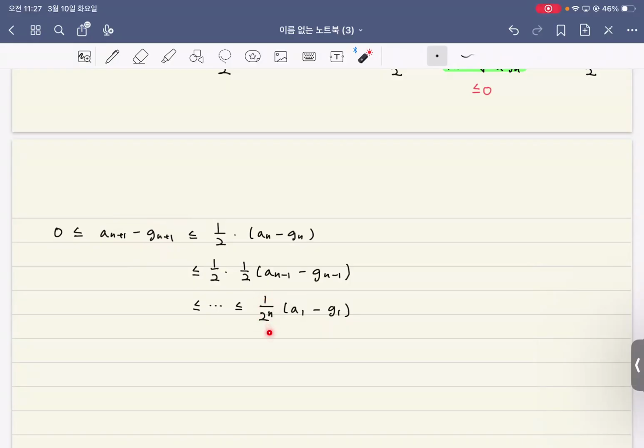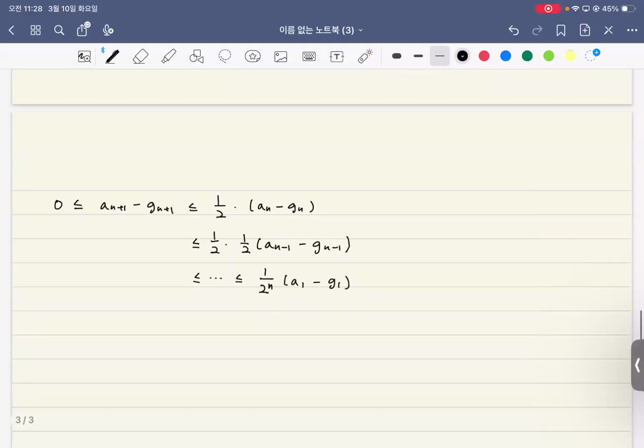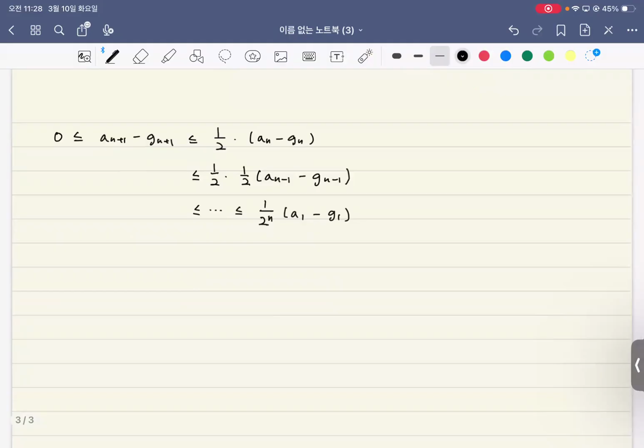Therefore, as n goes to infinity, this number should tend to 0. That means the length of this nested interval should tend to 0 too. So An minus Gn is tending to 0.